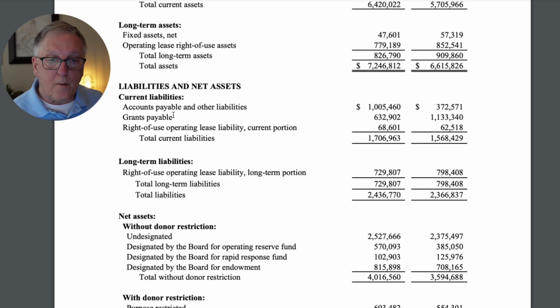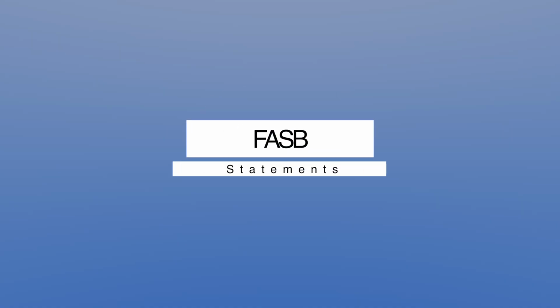It's quite common to have accounts payable. Notice these are full accrual statements. If they were modified cash or cash basis, these accruals normally would not be in play. But you can tell these financials are created in accordance with generally accepted accounting principles, the FASB standards.